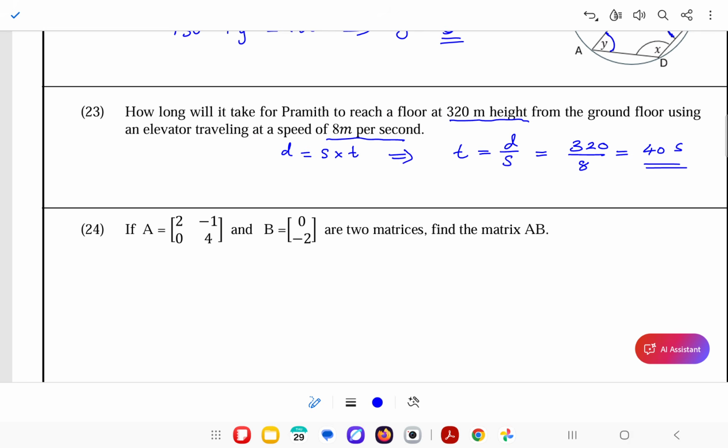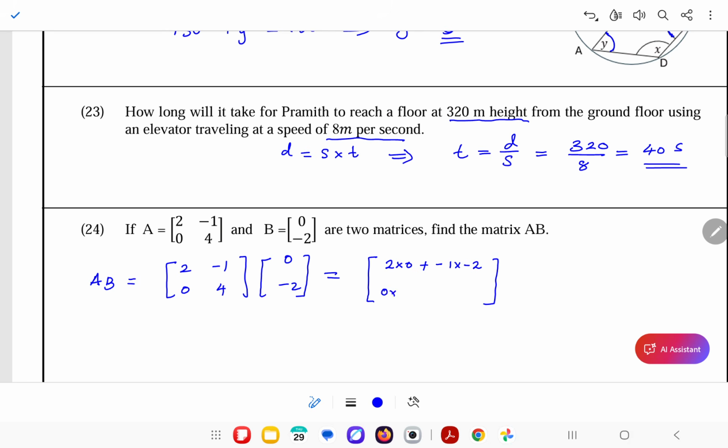Okay, then 24th question is just matrix multiplication. So AB, 2 minus 1 0 4 into 0 minus 2. So you will get what, a column vector, right? So how to get the first one? 2 into 0 plus minus 1 into minus 2, that is the first term.